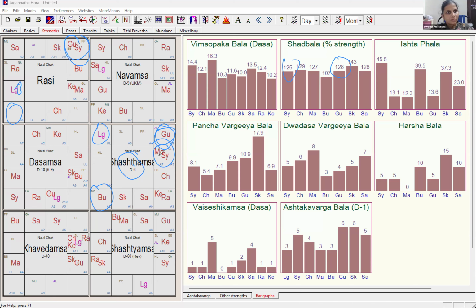You got the comparison now. He is not very well placed here. So it doesn't mean Surya will be very good here. But he cannot go beyond this, but he is okay. This Surya's badness will be defined by how bad is he here.